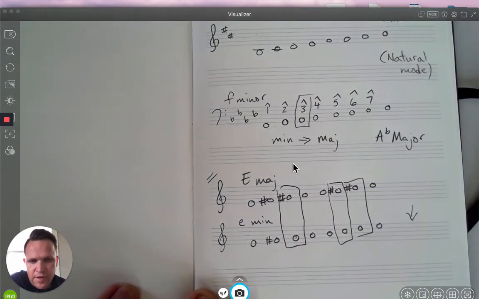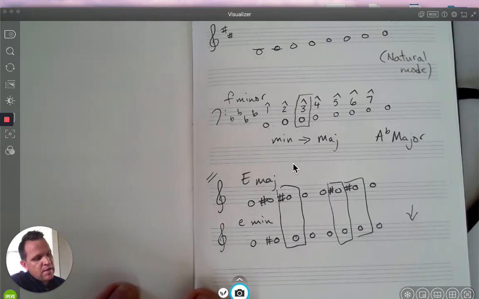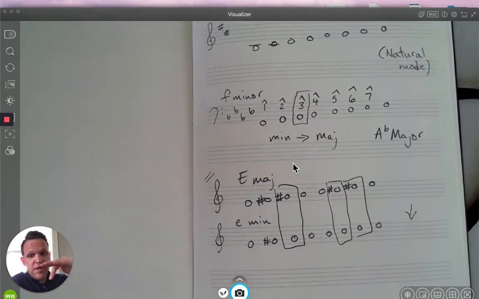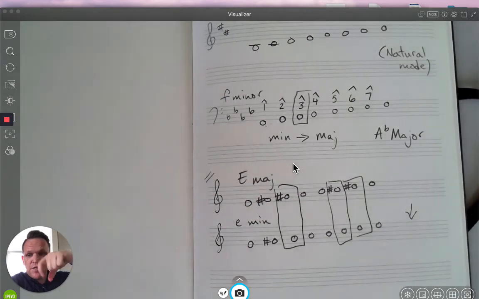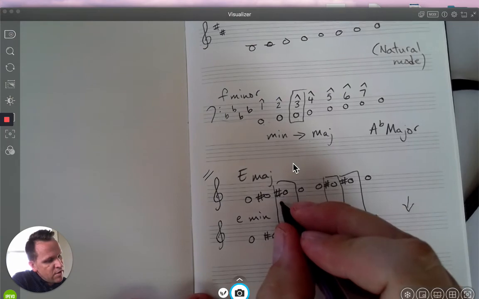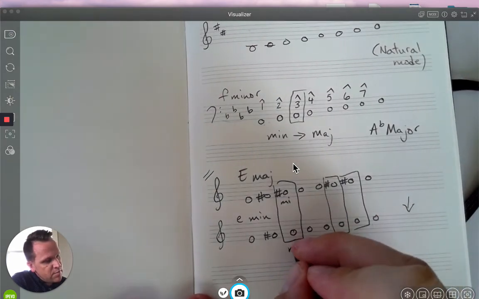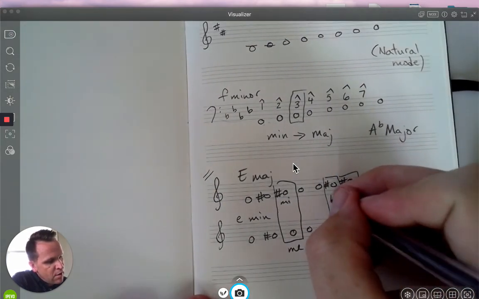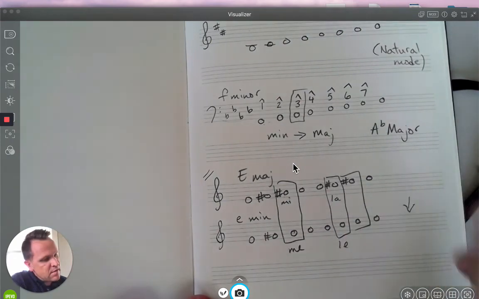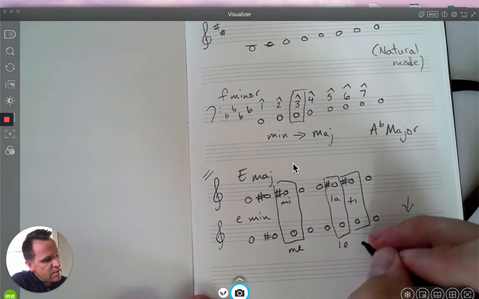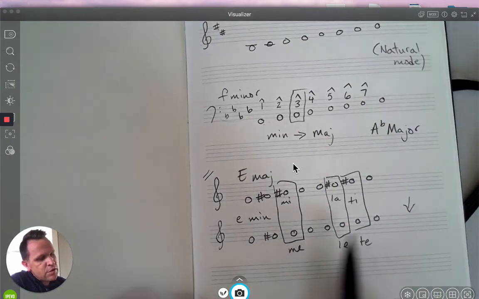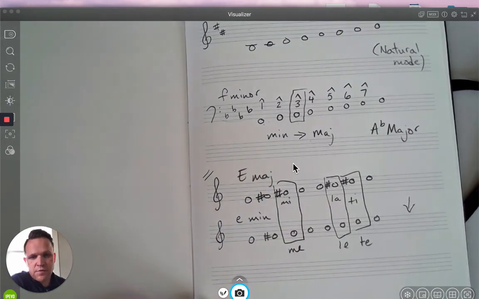And you might remember that from our singing of natural minor scales, that mi becomes me, la becomes le, and ti becomes te. And that's what we see here. You have mi here, this is me. You have la here, this is le. And you have ti here, and this is te. And so you can see those 3 get lowered by 1 semitone.